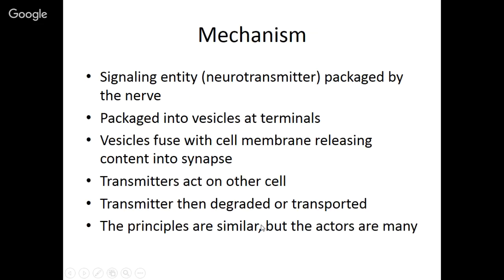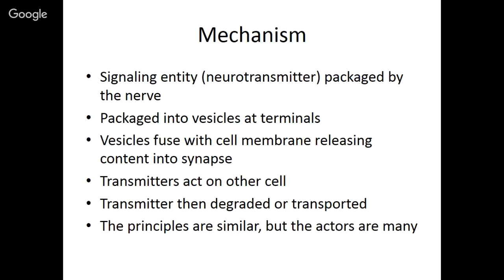The mechanism of transmission, basically signaling energy: neurotransmitters are packaged by the nerve into vesicles at the terminals. This is pretty labor intensive, in that some of these vesicles have to travel all the way from the cell body out. Some of the packaging does occur at the terminal, and that makes things a lot more efficient.